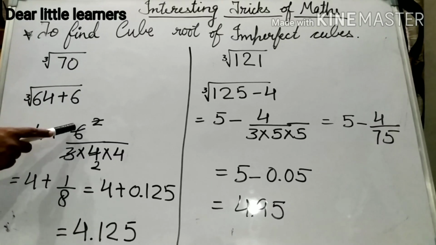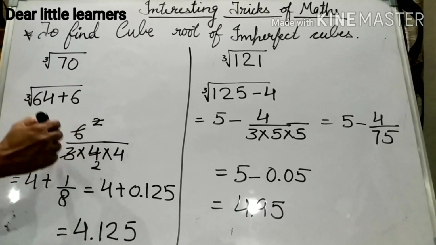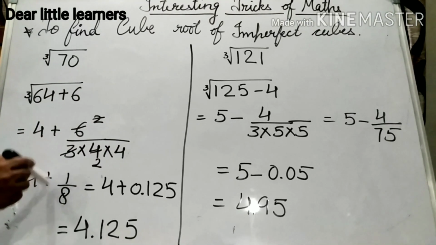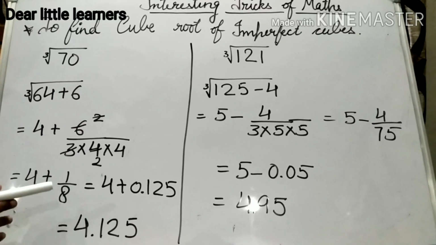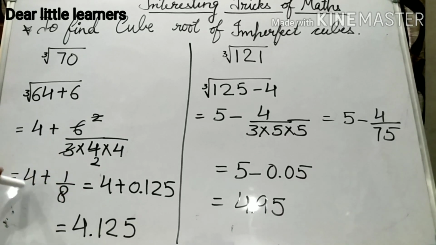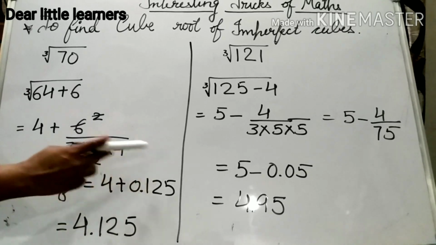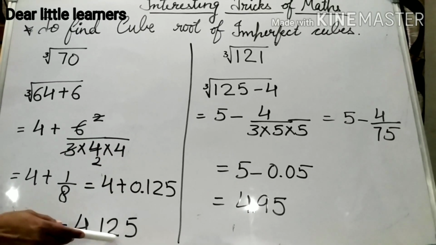So we will cancel it. 3 2s are 6, 2 2s are 4. Now when we solve this part, we have got 1 upon 8. When I solved this 1 upon 8 in decimals, I got 0.125. So this 4 plus I have just copied down as it is. Now when we add it, 4 plus 0.125 becomes 4.125.